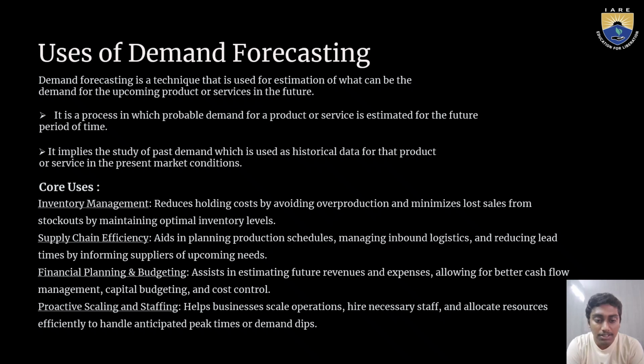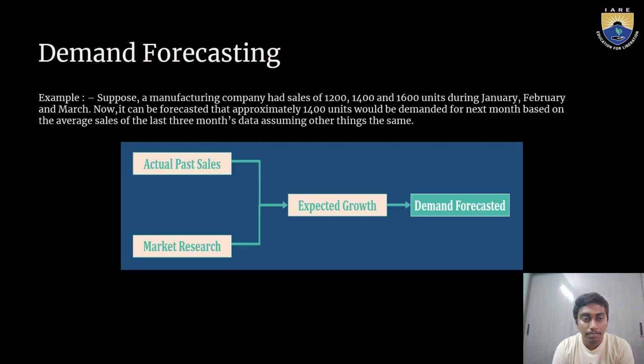Financial planning and budgeting assists in estimating future revenues and expenses, allowing for better cash flow management, capital budgeting, and cost control. Proactive scaling and staffing helps businesses scale operations, hire necessary staff, and allocate resources efficiently to handle anticipated peak times or demand dips.